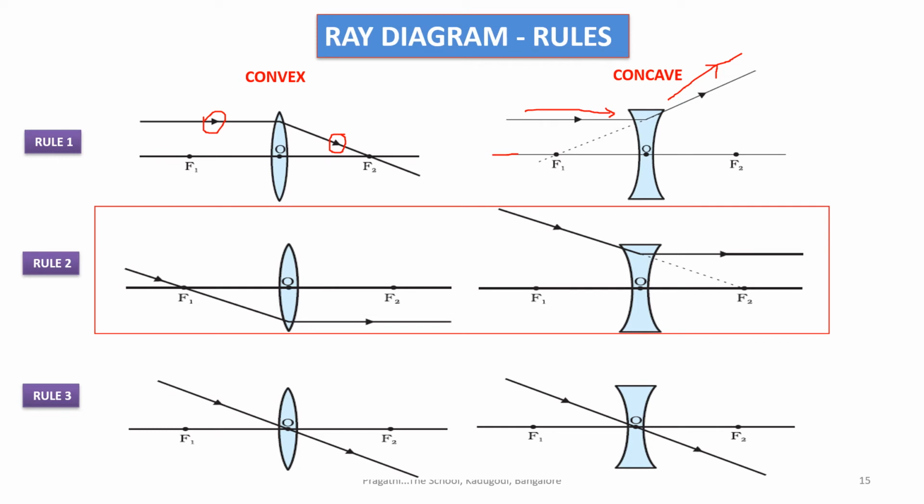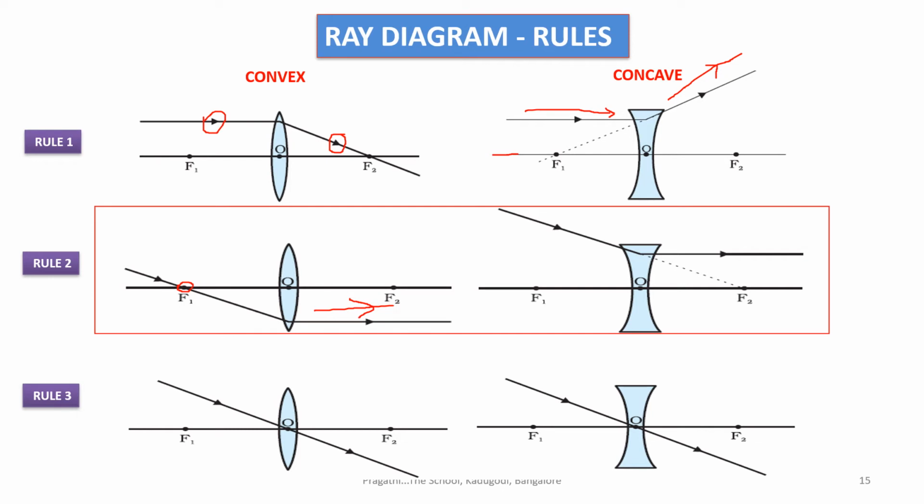So rule number two, whenever the light ray passes through the focal point, it moves away from the lens. It goes out of the lens in a parallel manner. Parallel to what? Parallel to the principal axis. Here also same.